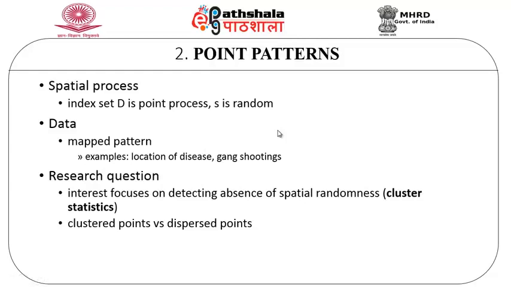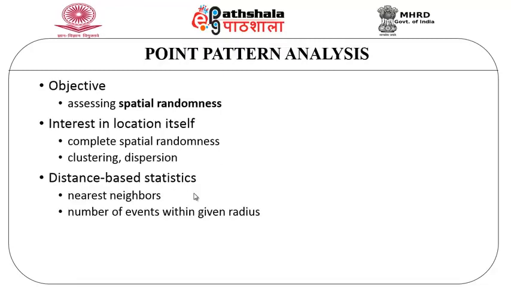Examples of these kinds of point patterns are locations of diseases, gang shootings, etc. Here the most important question is that the interest is in detecting the absence of spatial randomness, which is also called cluster statistics. There is another interesting point to note here, which is the difference between the clustered points versus the dispersed points.